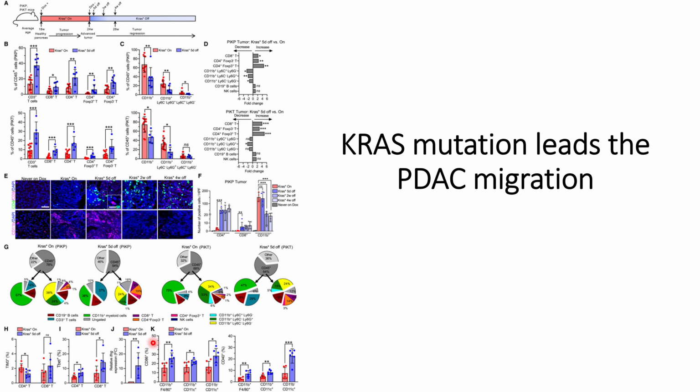And similarly, when they check the CD86 plus percentage, they can see that it is high in the case where the KRAS mutations are off, and similar things have been observed for the CD44 plus populations also.